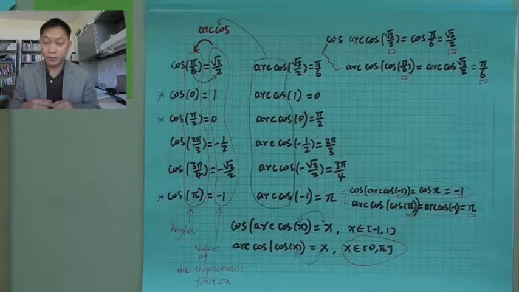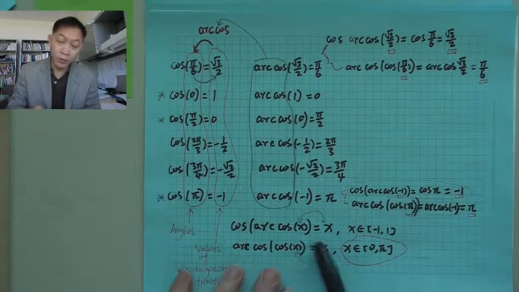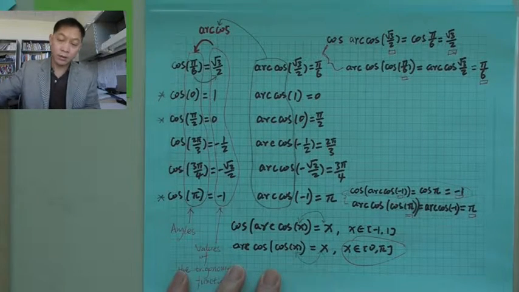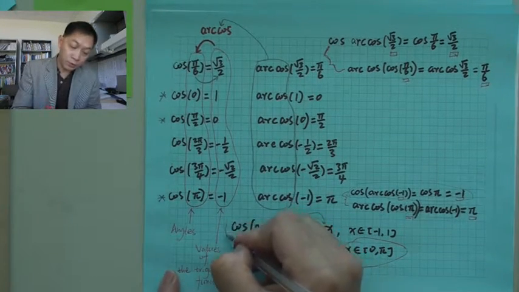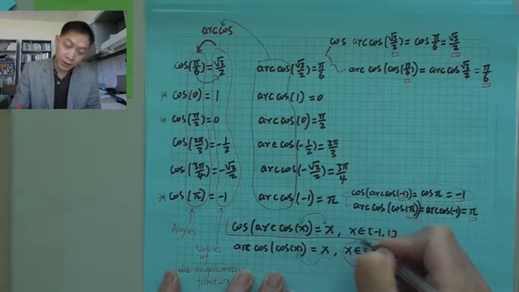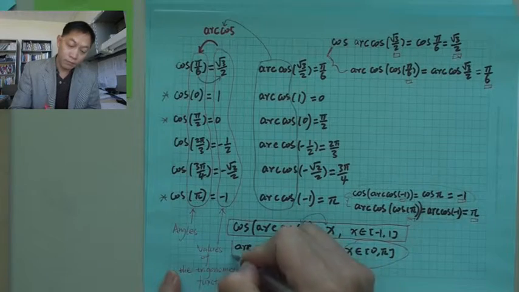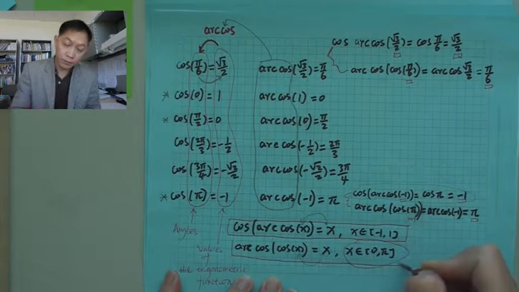They are different. If you put 2 here, it doesn't make sense. So you want to remember, the second thing is the identity. Those two.